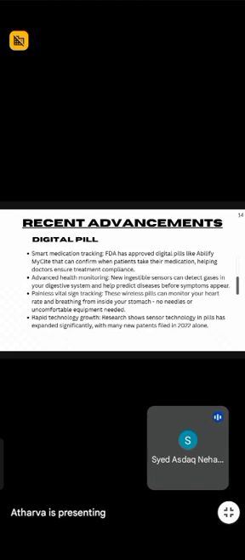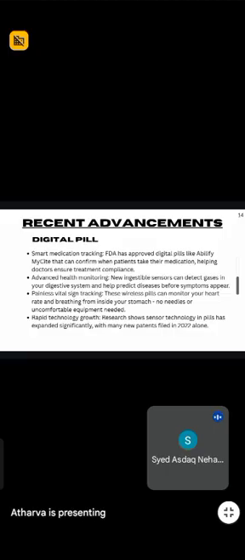Radio pill industry advancements include the digital pill, which has smart medication tracking. FDA approved digital pills like Abilify MyCite can confirm when patients have taken their medication, helping doctors ensure treatment compliance.